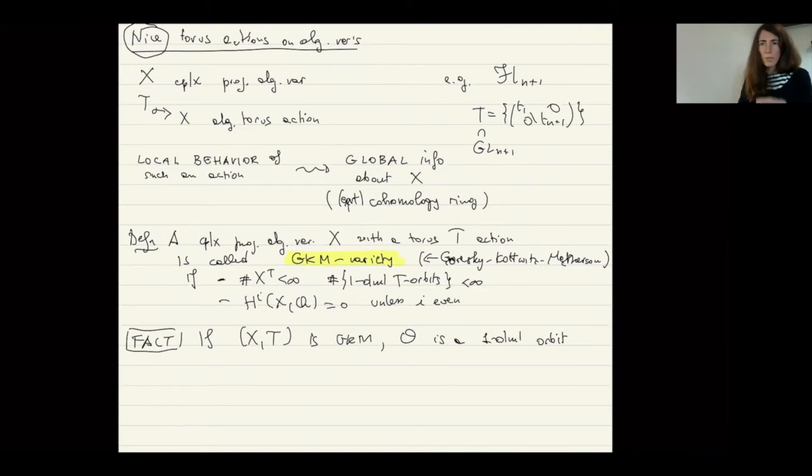So this is isomorphic to a P1, which is obtained by adding two fixed points to this C star. And what the torus does is just it rotates this P1.